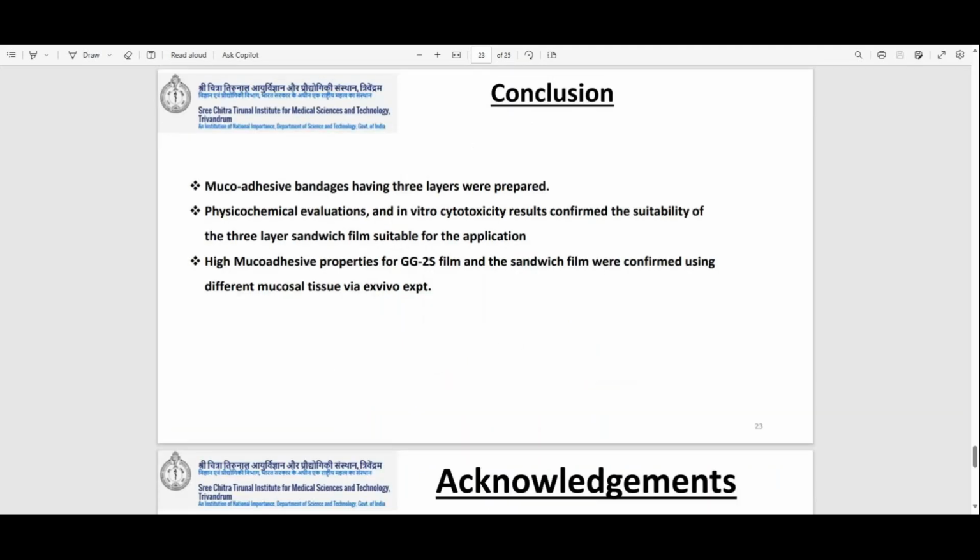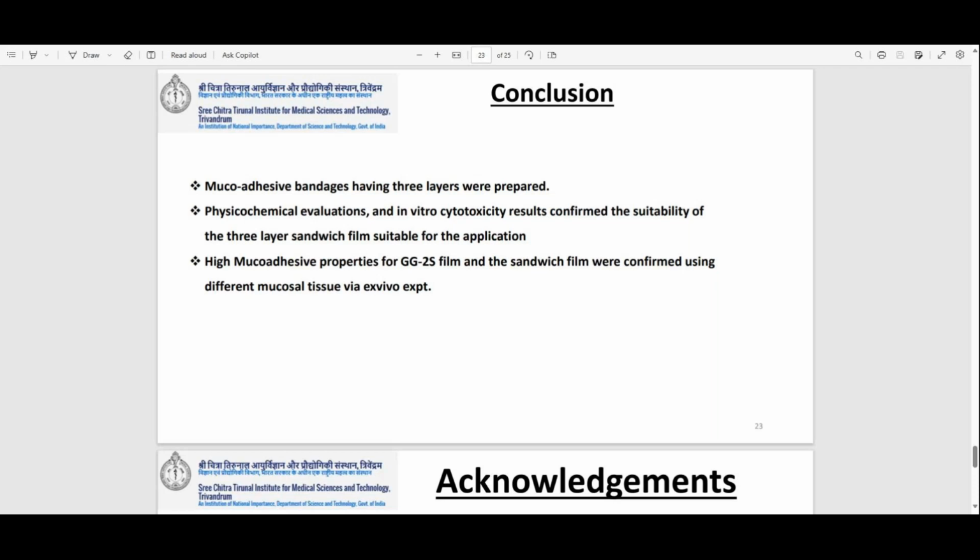In concluding, we have developed the mucoadhesive bandages having a three-layer system that is very effective, and we have evaluated different physicochemical characterizations like mechanical properties, folding endurance, dilation and the mucoadhesive properties, and it's a promising application of this three-layer sandwich bandage.